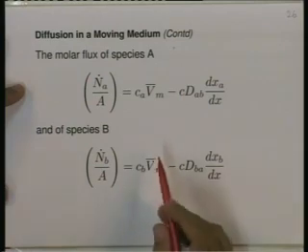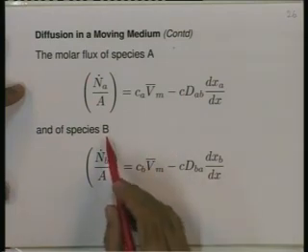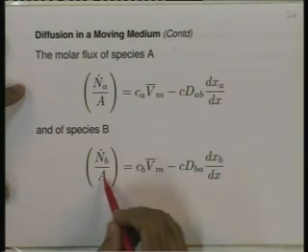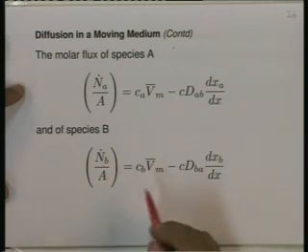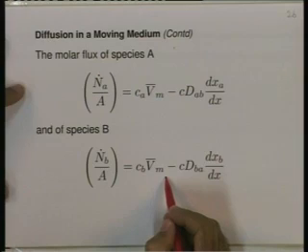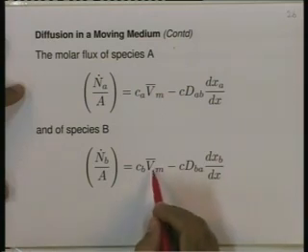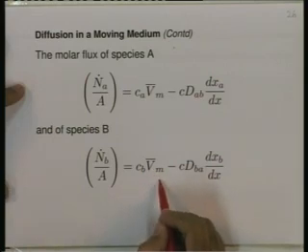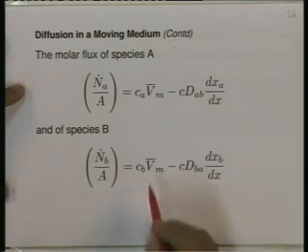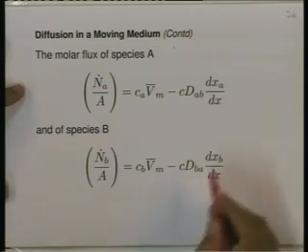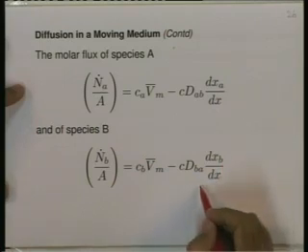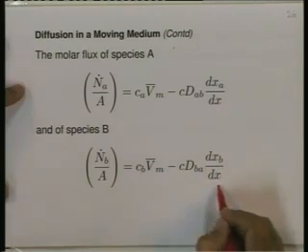In a similar fashion, for species B, we can write molar flux of species B, kg mole of B per meter square per second, will be in part due to the bulk movement of species B because of the molar average velocity V bar m, that would be Cb V bar m. Add to that minus C D BA dXb by dx, which is the diffusive component.